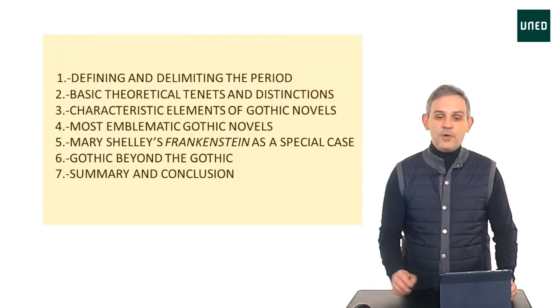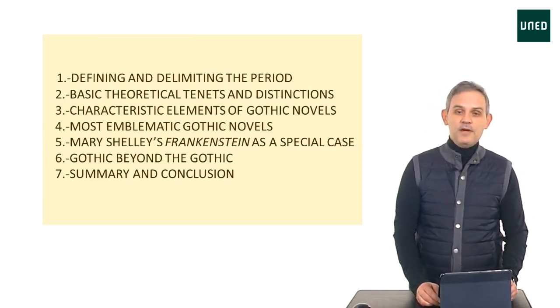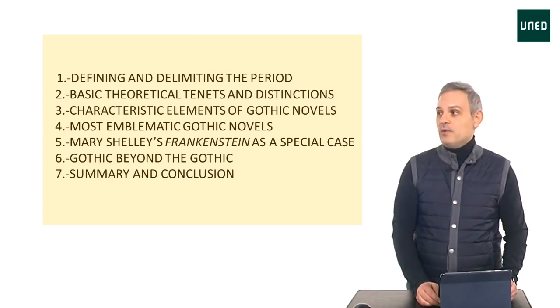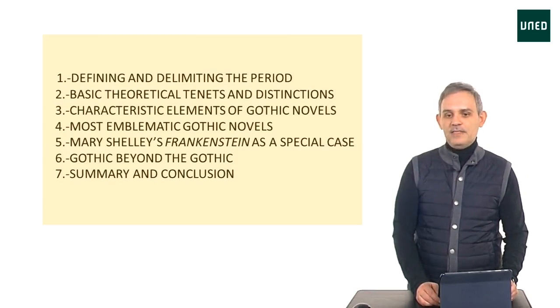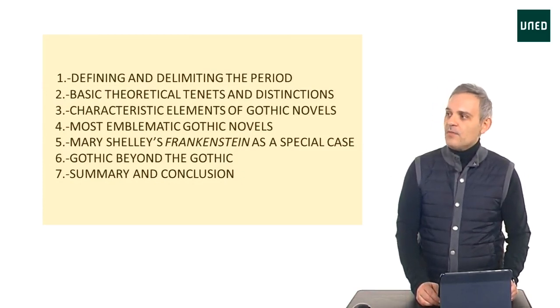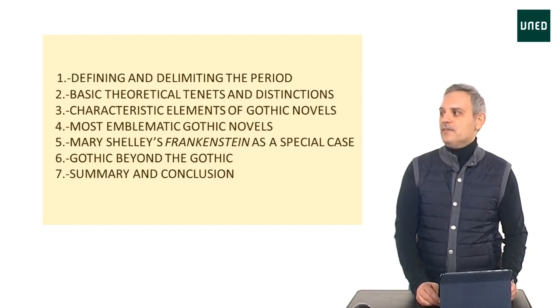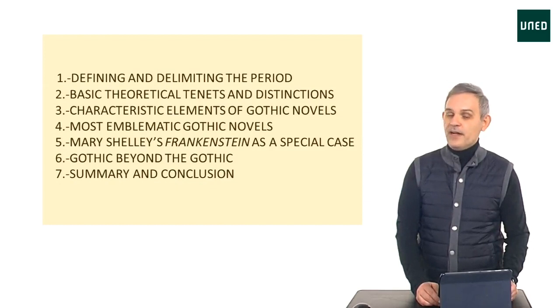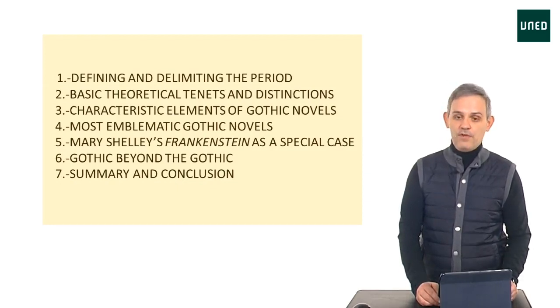And these are the topics that I'm going to be covering. First, I will be defining and delimiting the period. We will then move on to the basic theoretical tenets and distinctions. We'll go through characteristic elements of Gothic novels.